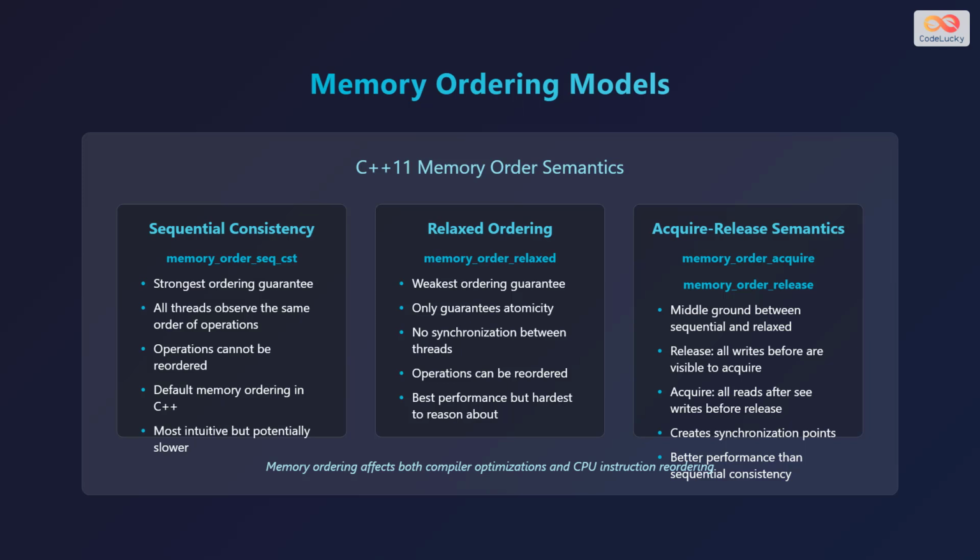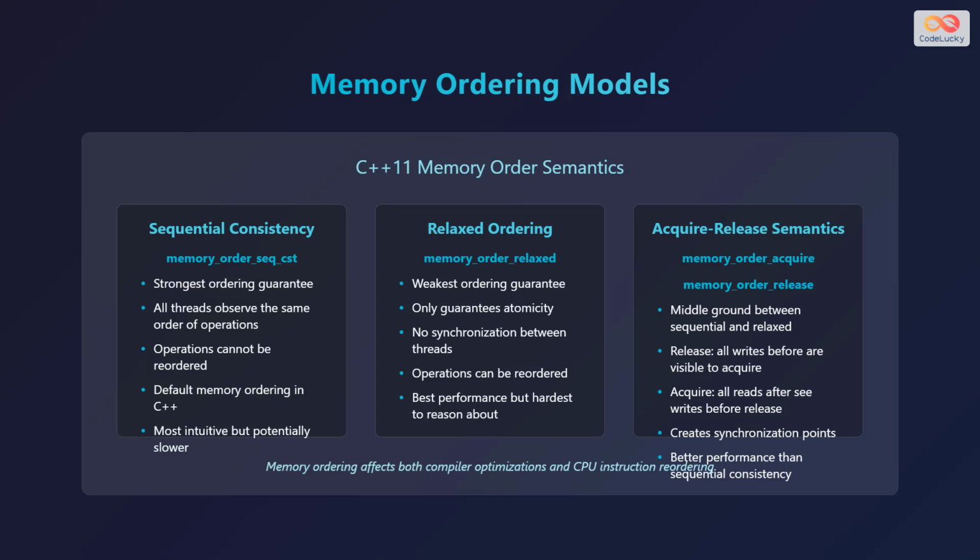The C++11 memory model introduces different memory ordering semantics to control how threads interact with memory. These semantics define the order in which memory operations are observed by different threads, and affect both compiler optimizations and CPU instruction reordering. The strongest ordering guarantee is sequential consistency, indicated by memory_order_seq_cst.